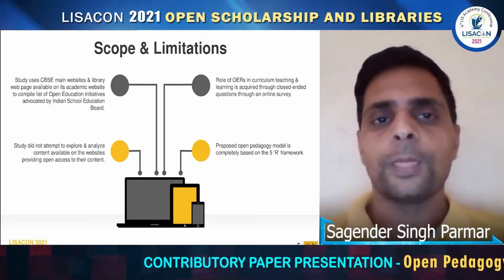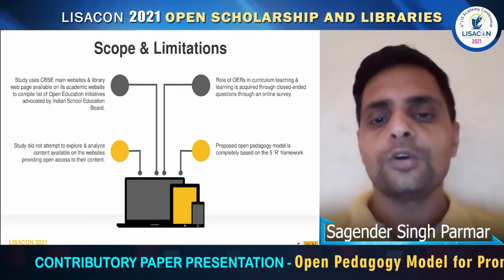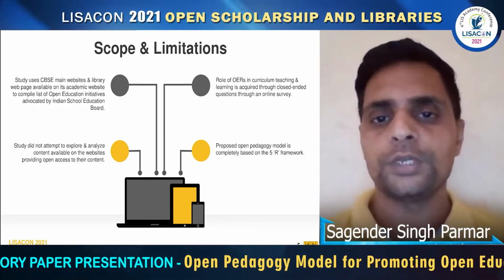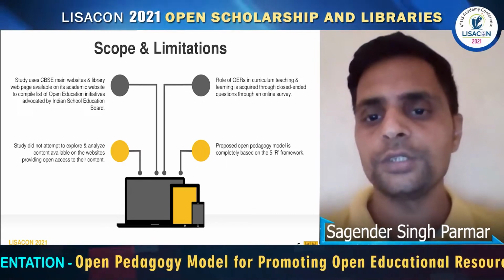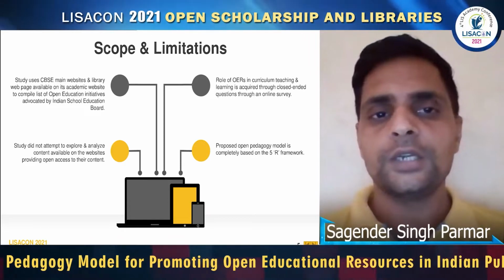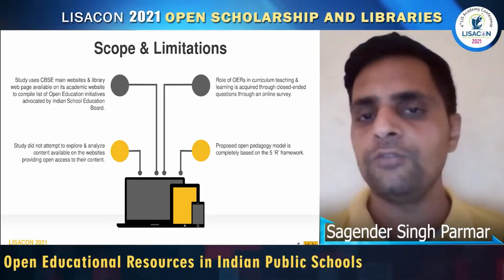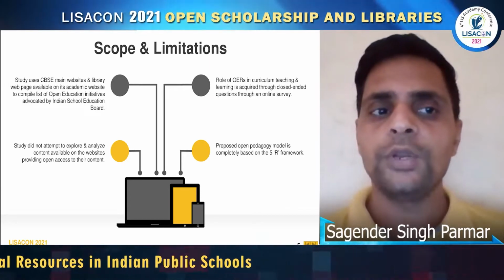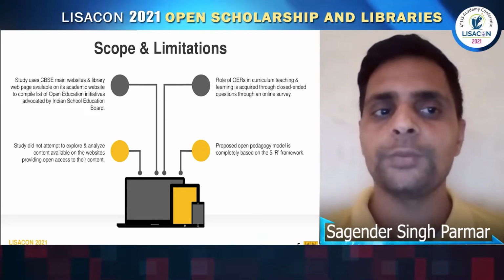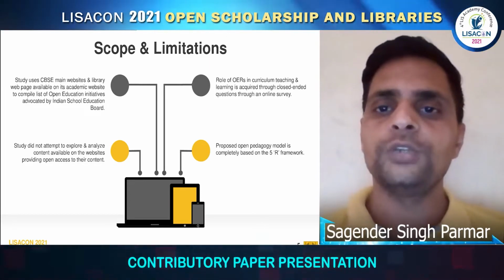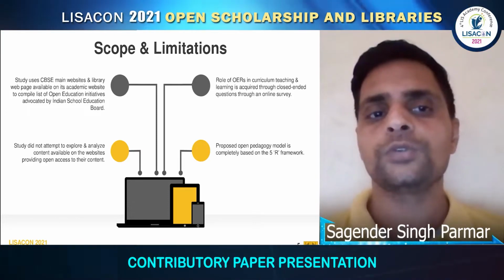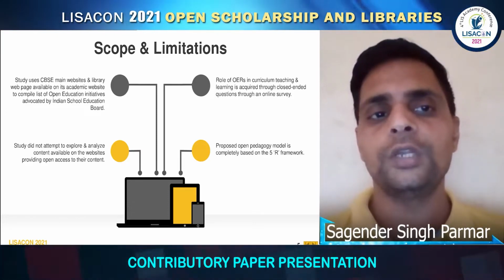So the study, along with the objectives, has the following scope and limitations. The screen shows the scope and limitations. So the entire study, as I mentioned, uses the CBSE main website and the library page, which is available on its academic website, to compile the open education initiatives advocated by the Indian school education board, which we have taken here as CBSE.